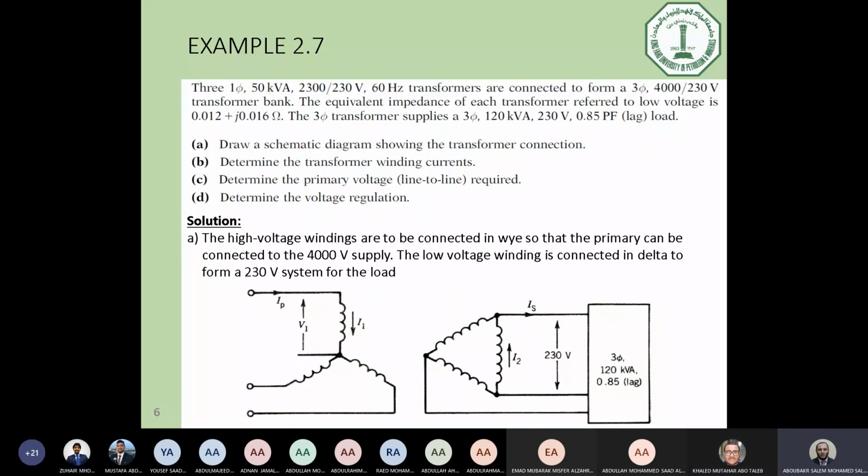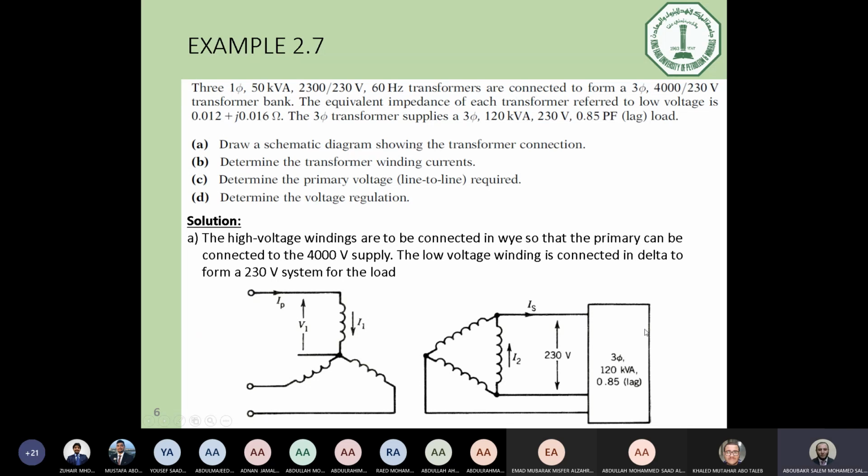So we should consider the secondary connection now as delta in order to make it similar to the line voltage. Take care, all the time the turns ratios for the 3-phase transformer are in terms of line-to-line volt. So now the phase 230 should be aligned to 230, so this connection should be delta now. So the secondary is delta connection.